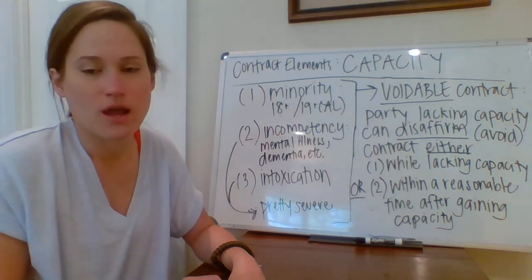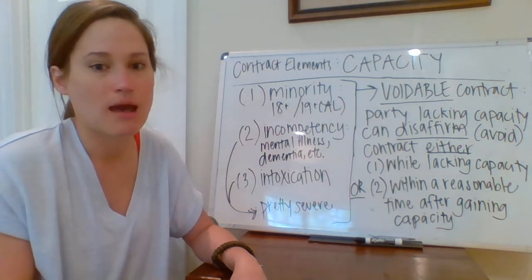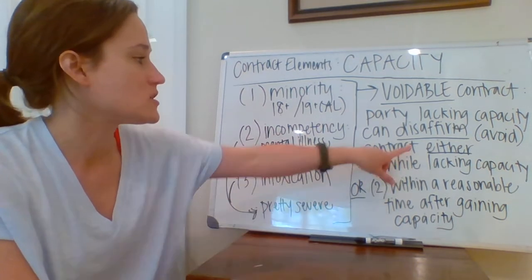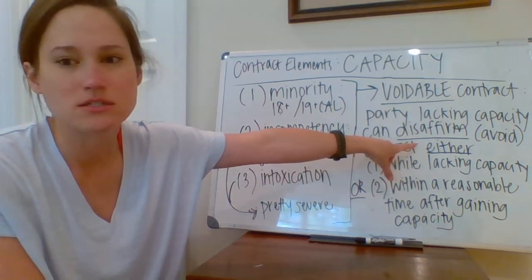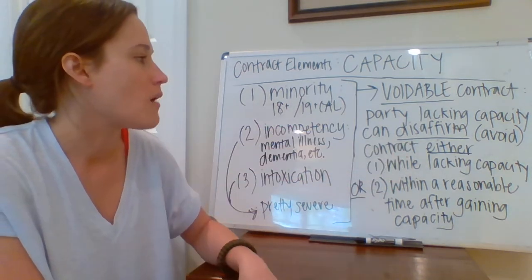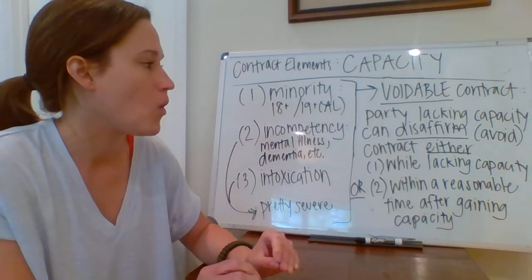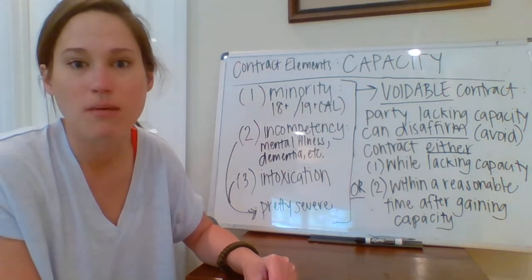The option, that ability to say, hey, I'm going to avoid that contract obligation, or the kind of official term for that is to disaffirm the contract. That ability only rests with the person who lacked capacity.